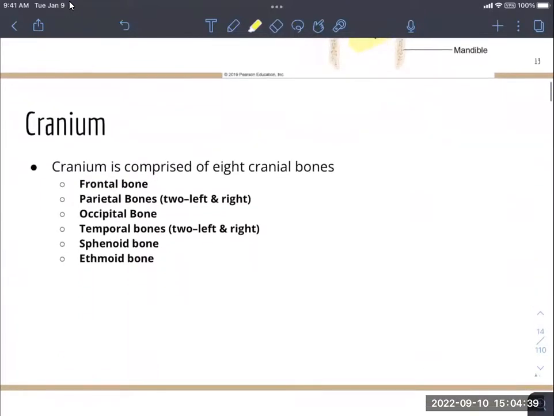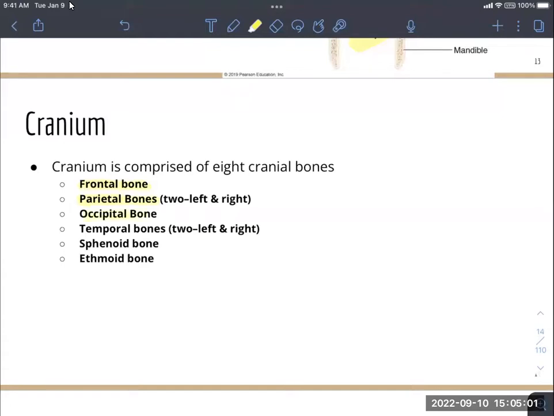So our cranium is technically made up of 8 bones. Some of them are paired, and some of them there's only one. We have our frontal bone. That's where your forehead is. Your parietal bones, you have 2. Those are on the sides, right behind that frontal bone.